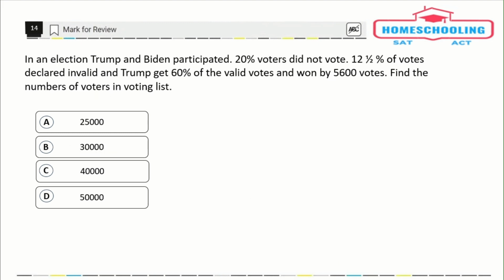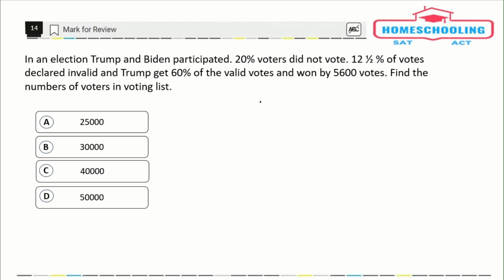Now moving to the next question. Here we are also going to use the sigma approach or the shortcut method. We are not going to solve each one of them one by one. The question says that in an election Trump and Biden participated. 20% didn't vote.